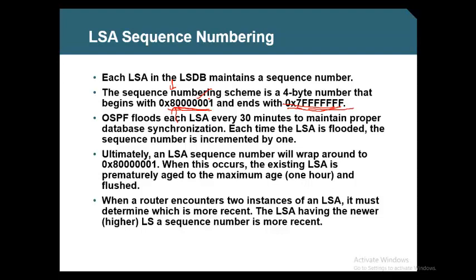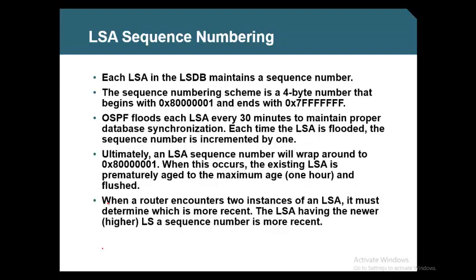And the very first update will be 80000001. So this is how the reset happens. This is how the sequence number works. So we have 32 bits for the sequence number, and whenever a change happens, only one is incremented.